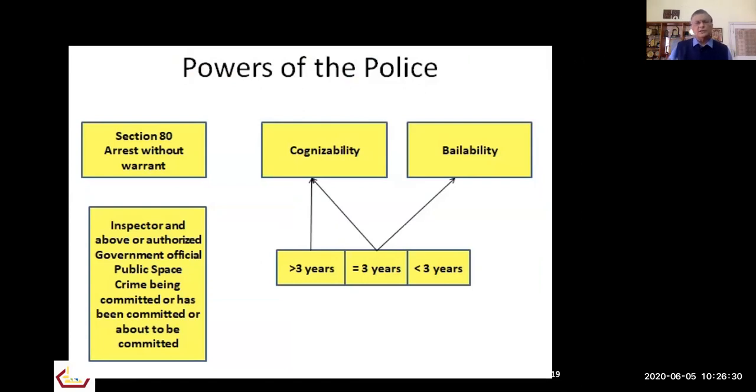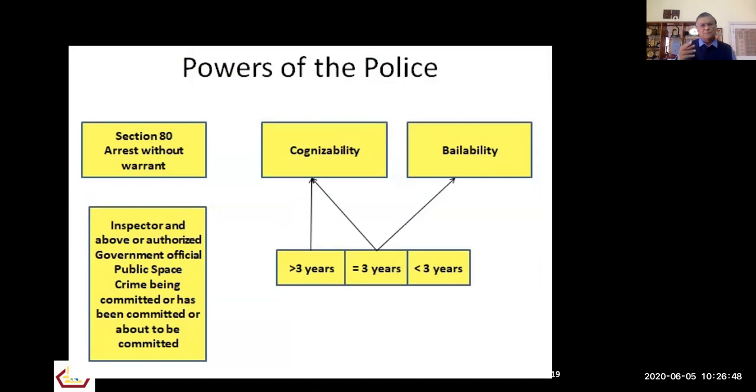Now, powers of the police. It has been defined that any offense for which there is a 3-year imprisonment is considered cognizable, in the sense that the police can start investigation without a court intervention, but it is bailable, so that the person may be arrested and given bail.